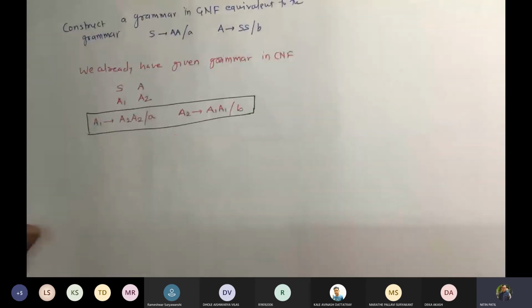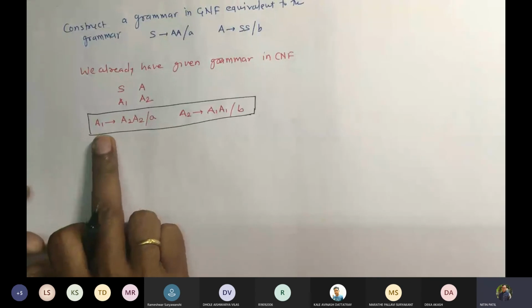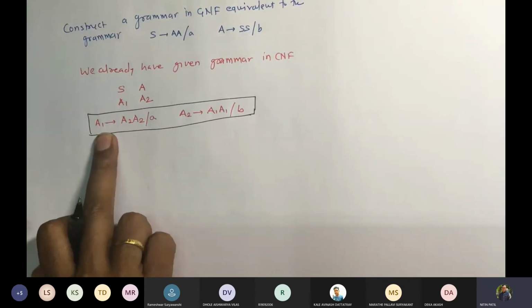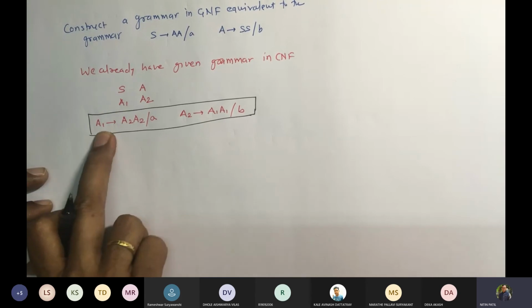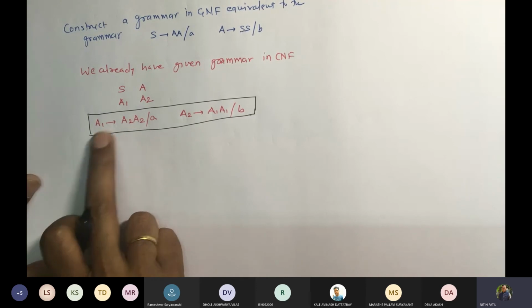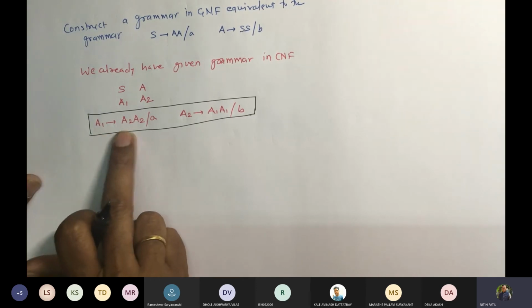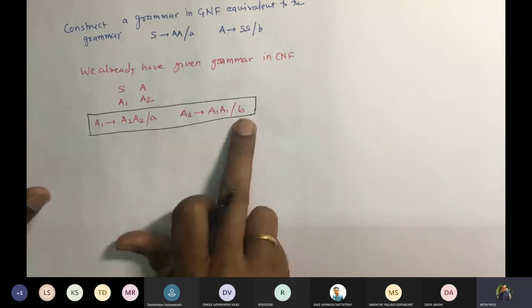So we have to see which Ai productions can be used for further processing. So A1, if you see, A1 gives A2 A2. This index here, A1, 1 as an index, and this index as 2. So if this is smaller than this, then we have not to touch these productions. We have to work with the remaining ones.